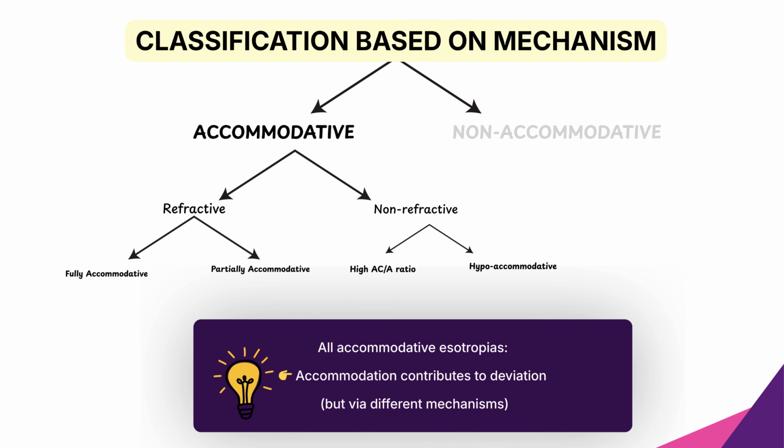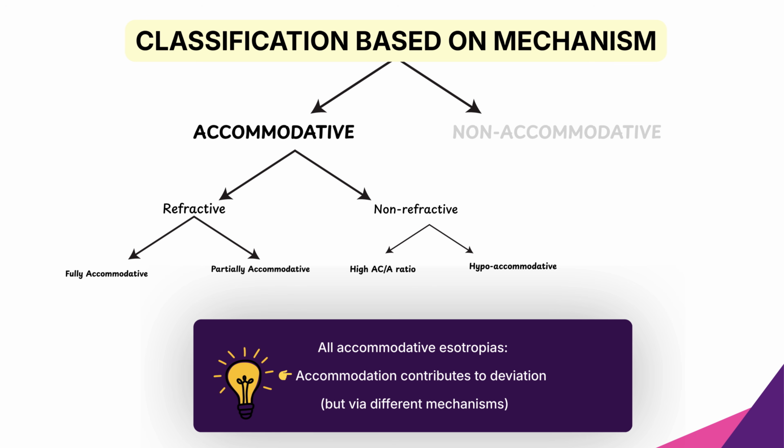So in all forms of accommodative esotropia, the accommodation contributes to the deviation, but through different mechanisms. In refractive types, accommodation is increased to overcome hypermetropia, leading to convergence and leading to esodeviation. In the high AC/A ratio variety of the non-refractive accommodative esotropia, the convergence is excessive for a normal given amount of accommodation.